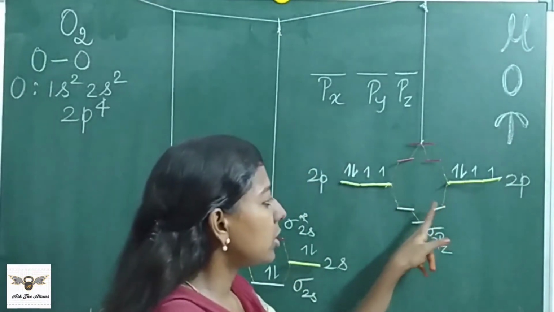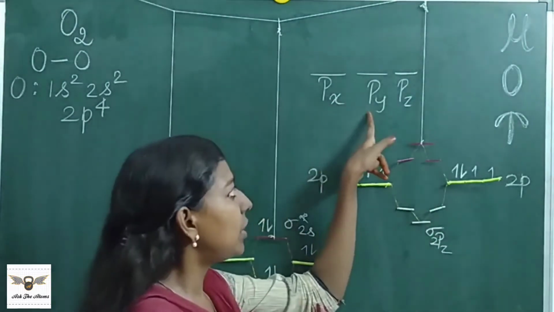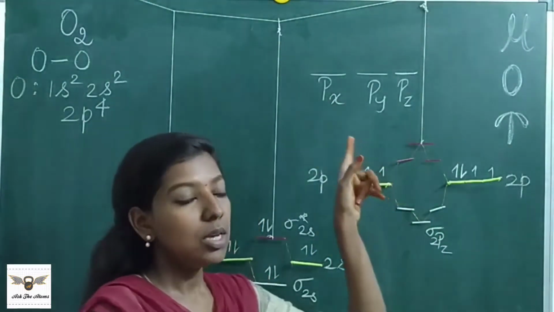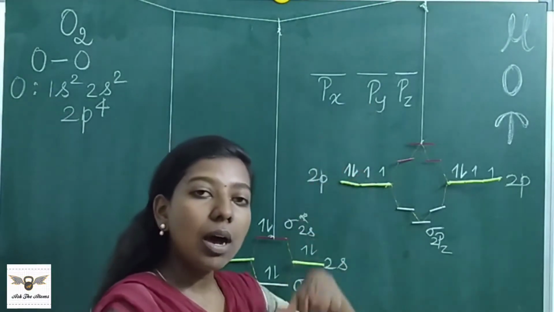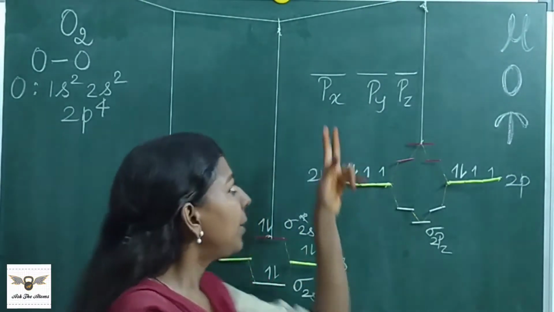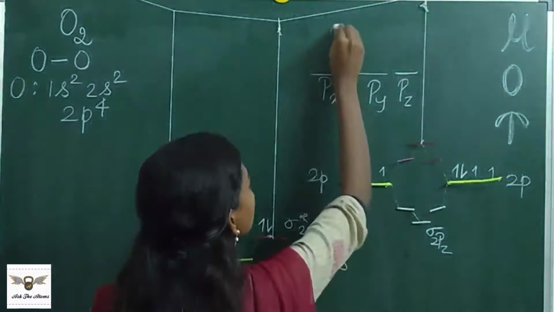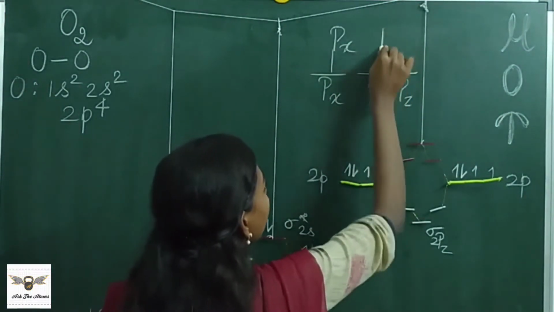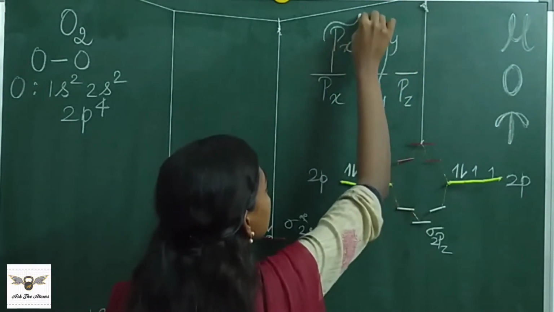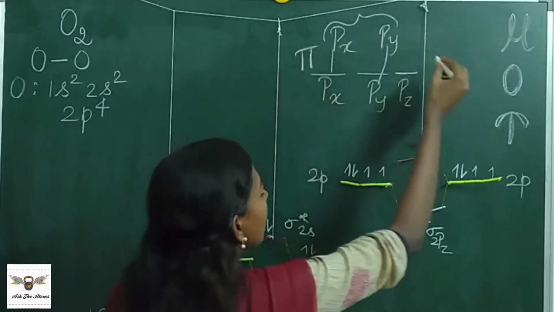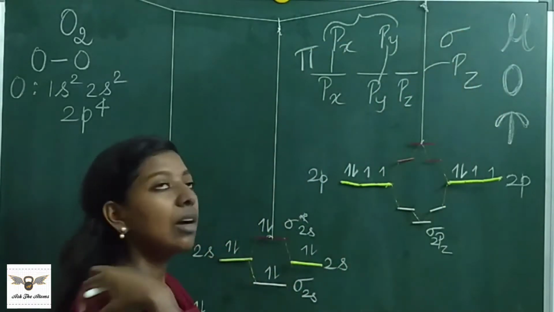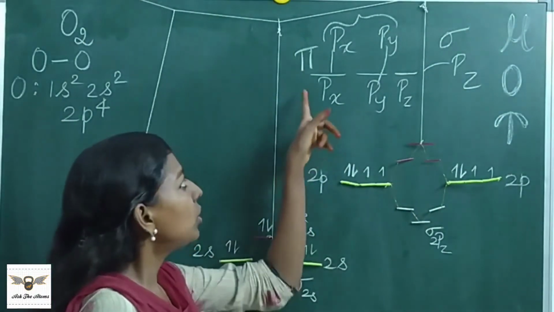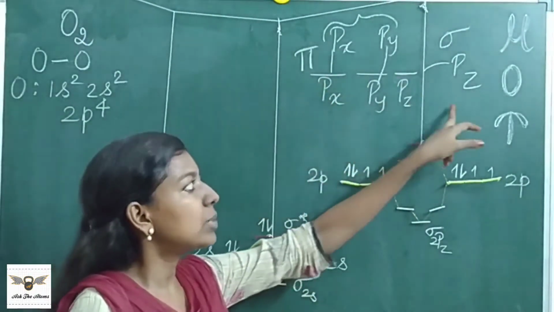Then the other two bonds formed by px and py are going to be pi bonds. Between both of them there are two bonds, px with another px, py with another py. This is going to be a pi bond, and pz with another pz is going to be a sigma bond. So I have two pi bonds. So this is a pi bond, this is a sigma bond.